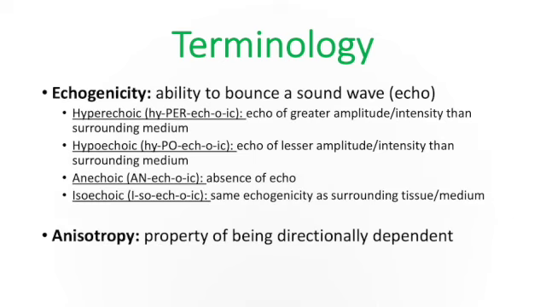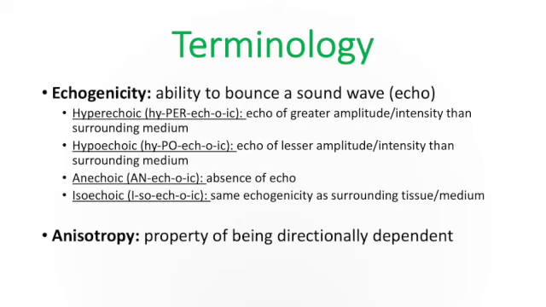So 4 more terms. Echogenicity, ability to bounce a sound wave. So what we're going to see is that some tissues are hyperechoic, so they actually have a greater amplitude of echo than the surrounding medium. Some are going to be hypoechoic, and hyperechoic is going to show lighter on an ultrasound.